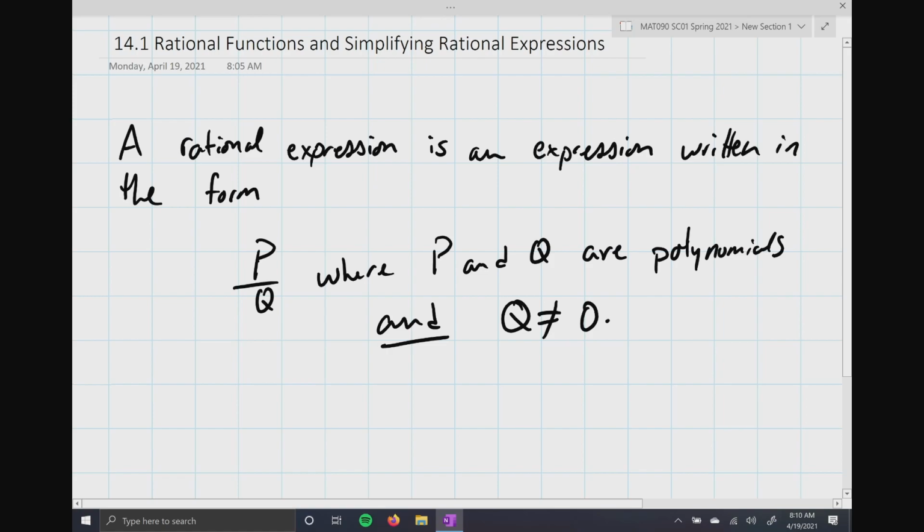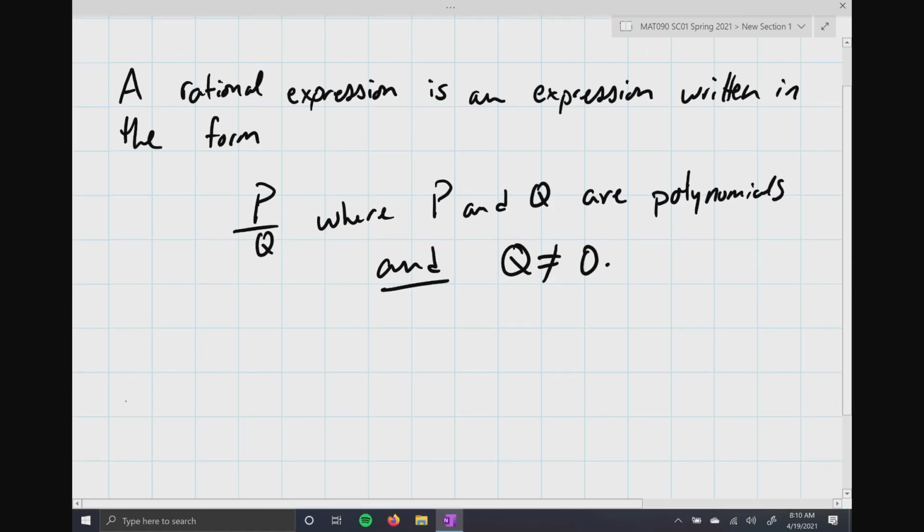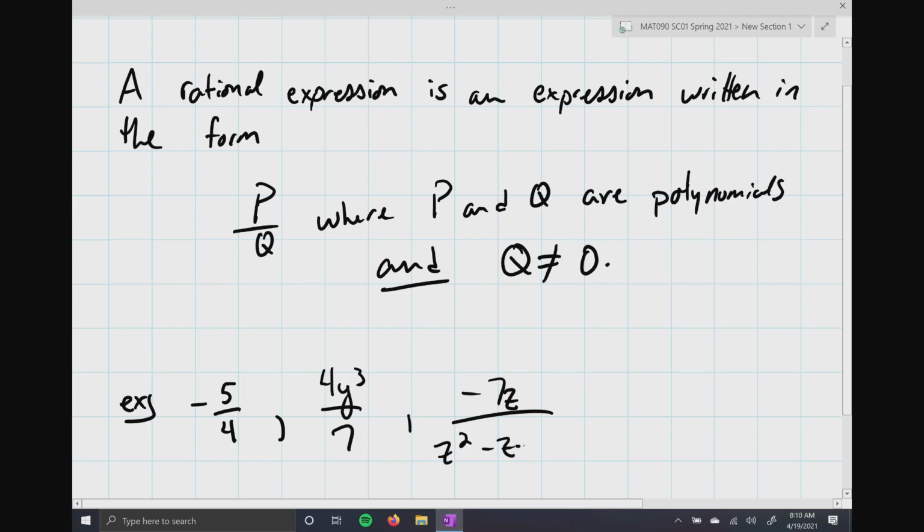So some examples of what these look like. You can legit just have the fraction -5 over 4, which we've seen before. But you can also have stuff like this: 4y cubed over 7, -7z over z squared minus z minus 6.